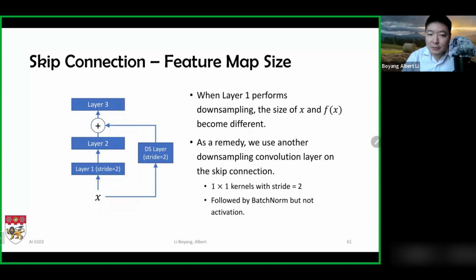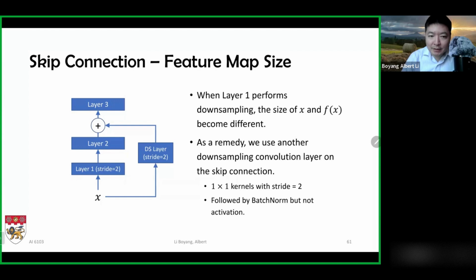So a common scenario is that some of these layers, usually layer 1, perform a downsampling operation. It could be the pooling operation that we talked about, or it could be through increasing the stride of the convolution operation.